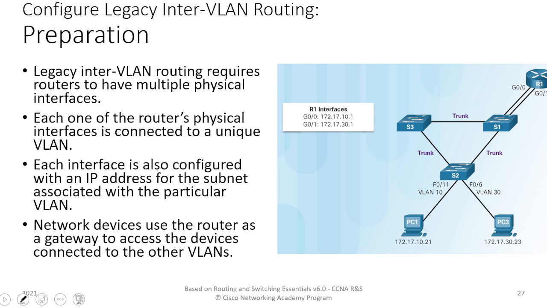So we'll have to configure those interfaces with IP addresses that belong to the subnet of the specific VLAN. From the router's end, they are essentially belonging to that network.